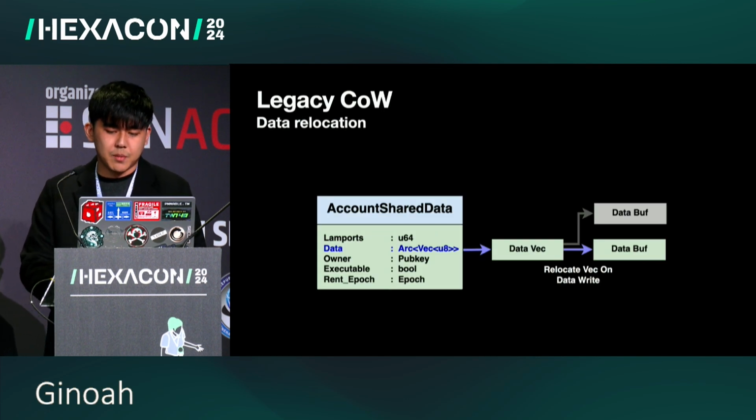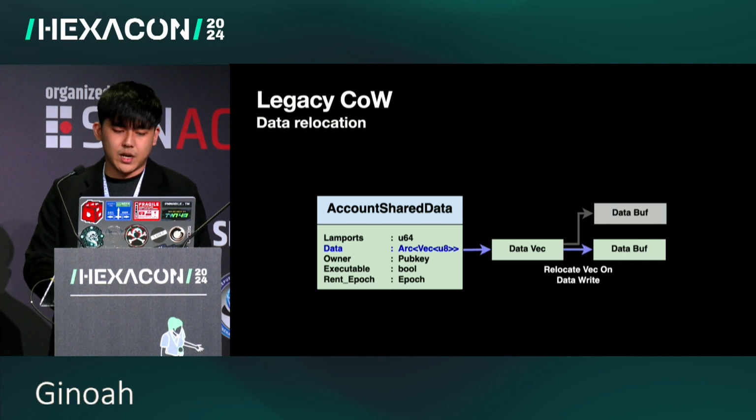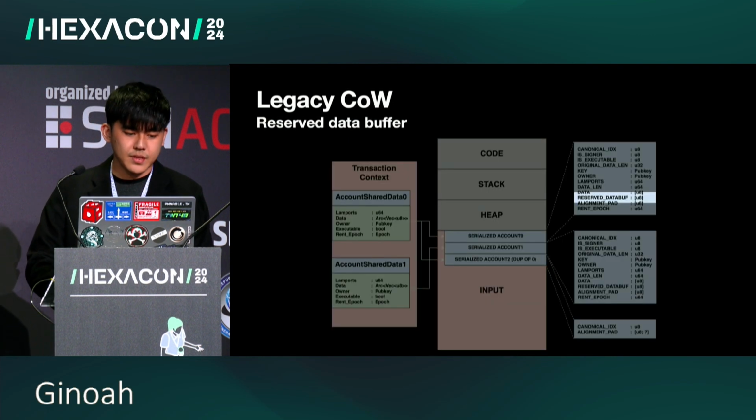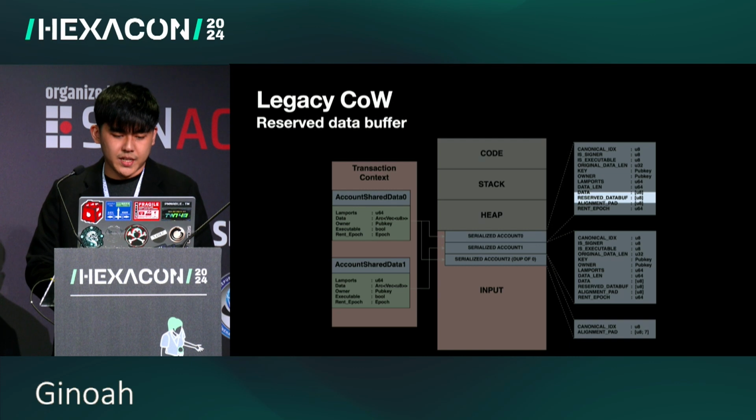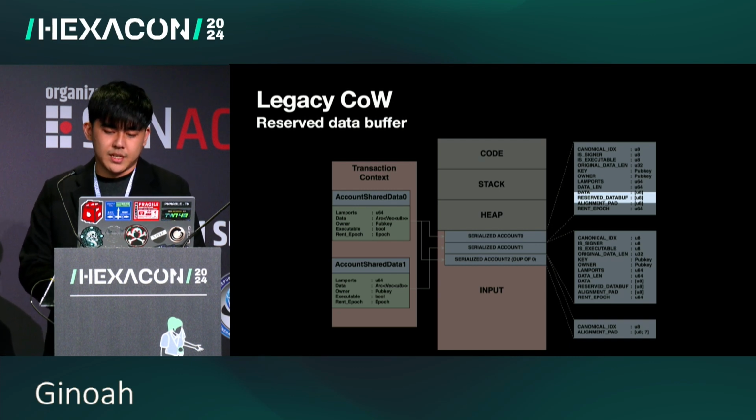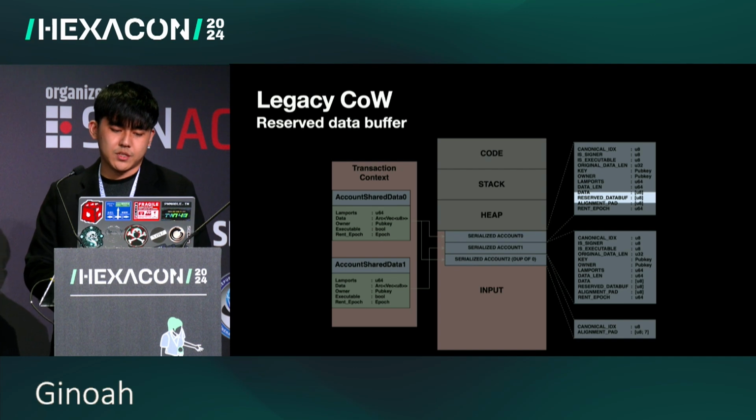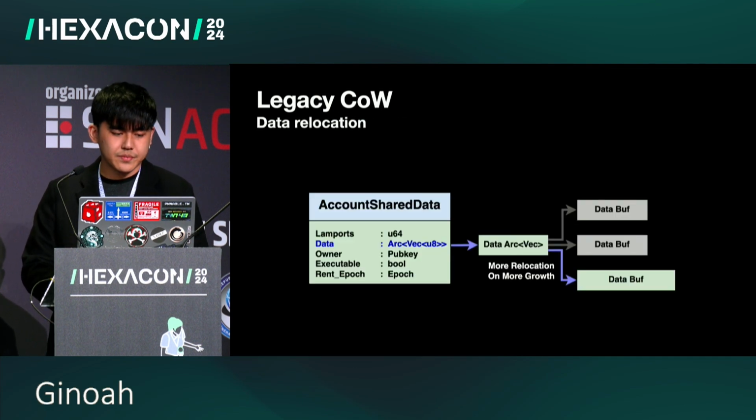However, the legacy implementation doesn't guarantee that the data will only be copied once. Recall the reserved data buffer within the serialized account, the serialized content in the input region. This buffer is reserved to handle potential growth in the account data length.